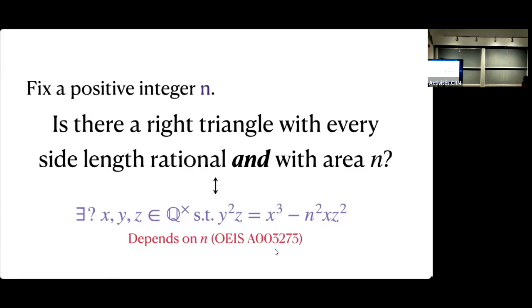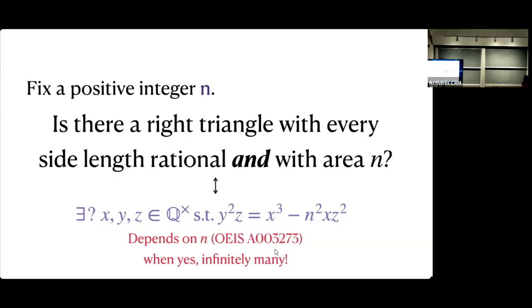But one interesting thing that happens in this case is that when the answer is yes, when there is some x, y, and z that satisfy this equation, there are actually infinitely many x, y, and z that satisfy this equation. Okay, so that's more than we need, but it's true that we get infinitely many.